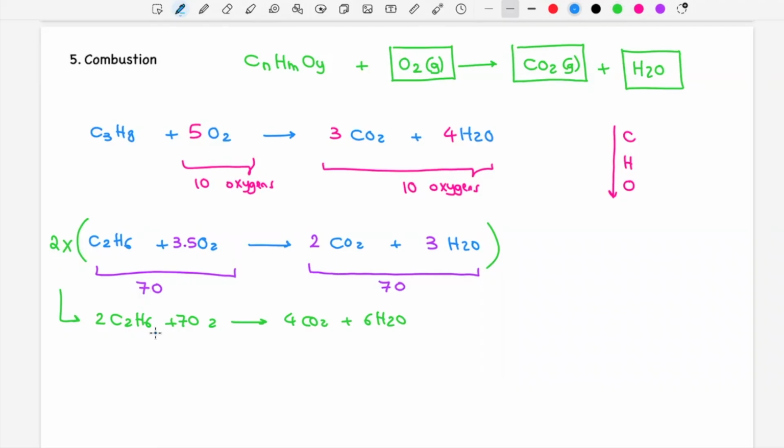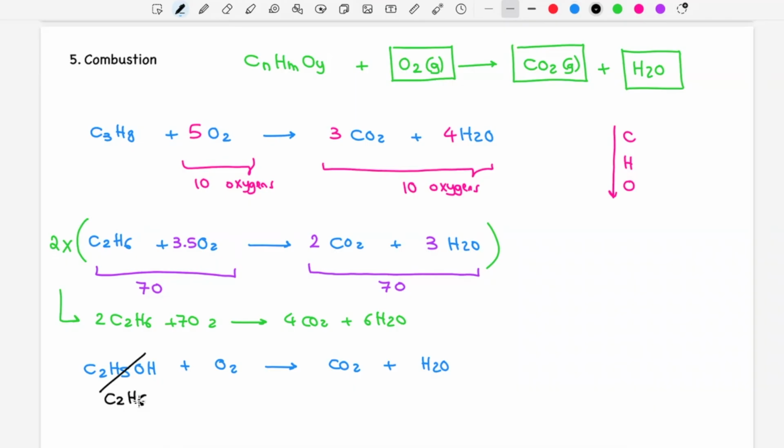For this one, I'm showing you a compound that has oxygen in it too, it's an alcohol basically. C2H5OH, let's say, plus O2. Again, the products are always CO2 and H2O. For balancing this one, because the compound has hydrogen written differently, with 5 hydrogens written first and then a hydrogen at the end, you can just imagine this as C2H6O.